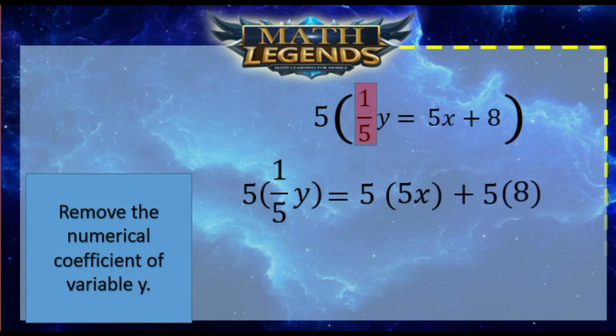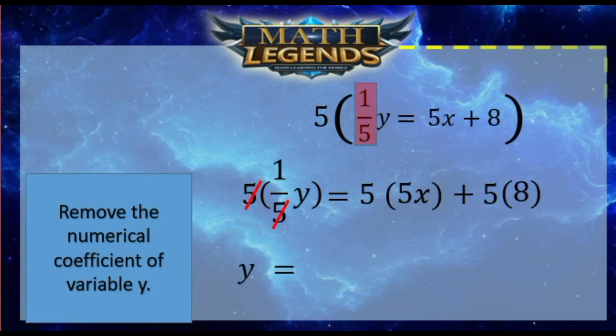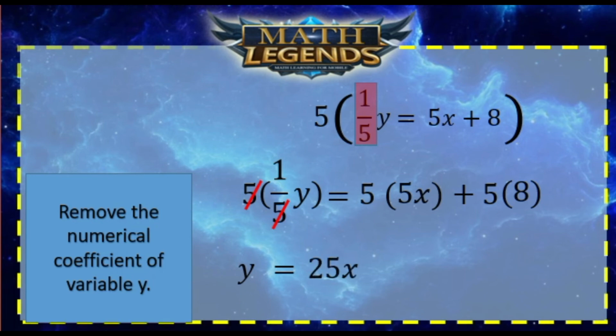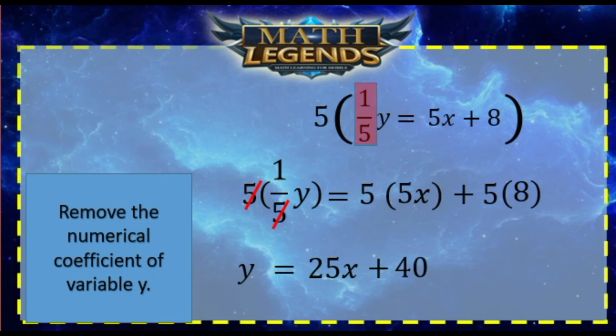Let us try to simplify. 5 times 1 over 5 will become 1, so therefore, we will have y on the left side is equal to 5 times 5x, the answer will be 25x, plus 5 times 8, the answer is 40.